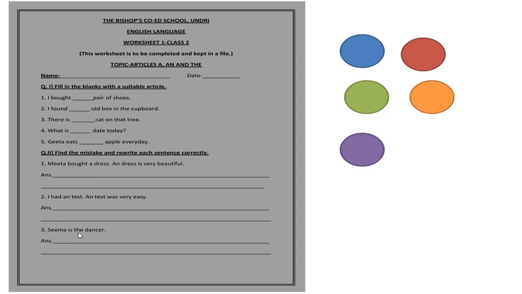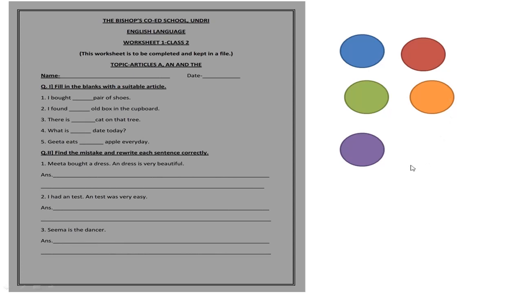If Seema is a particular special dancer, then what will we say? Seema is the best dancer among all. Okay? So here Seema is a dancer. Any dancer among many. So Seema is a dancer.